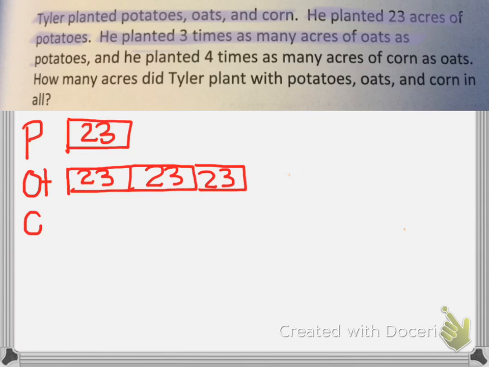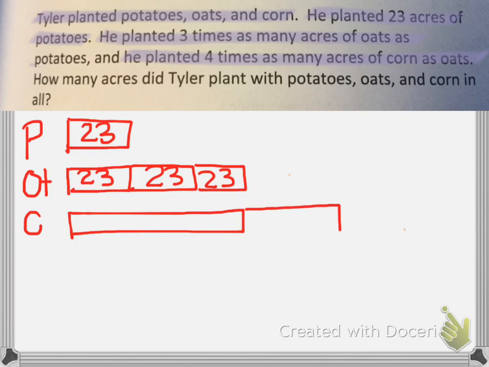Now, the corn, it says that he planted 4 times as many acres of corn as oats. Well, the corn, that's 1 times as many as all the oats together. Then 2 times as many, 3 times as many, 4 times as many. Please try to make your model even. I can't. I ran out of room on the screen. But you can make them all the same size.